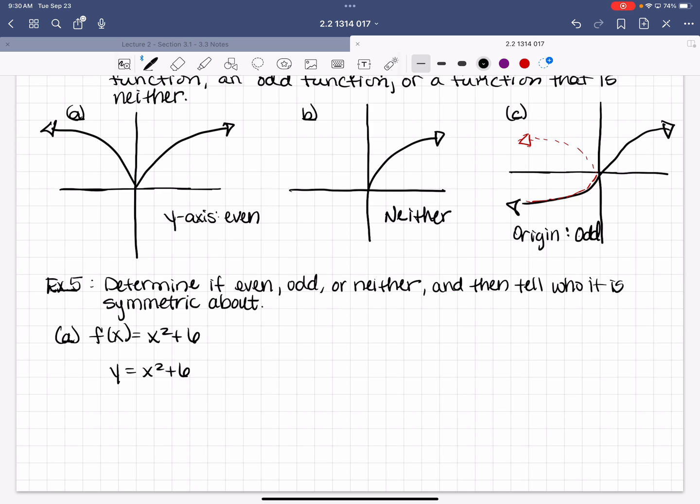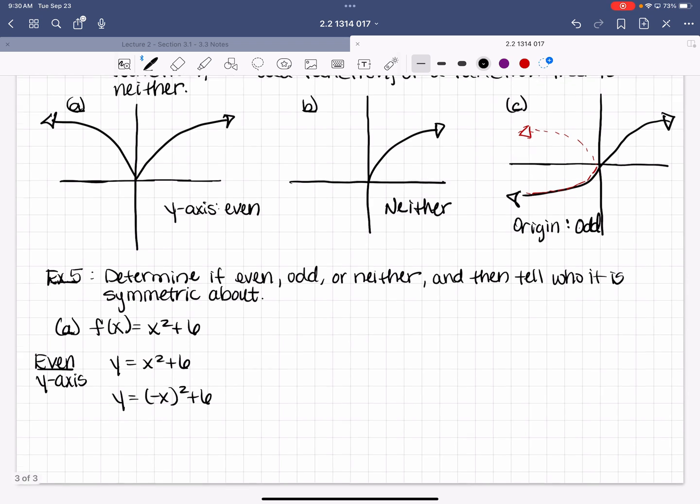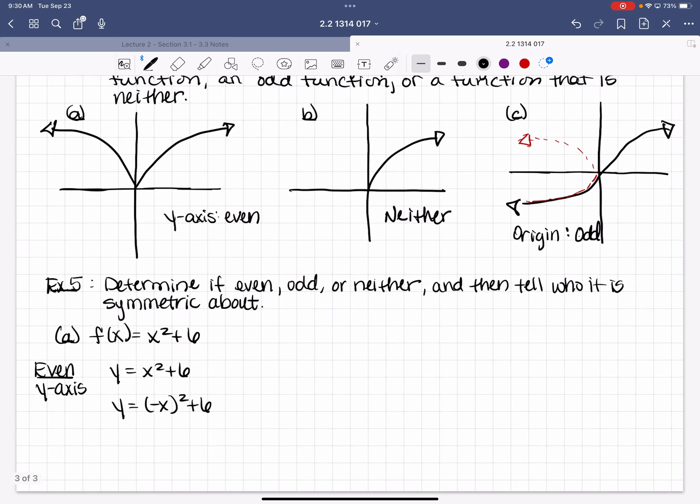No big deal. If I'm testing, let's start off with, we want to do even first. Even deals with the y-axis, correct? Okay, which means I need to change the sign of x. We good? So that means I've got y equals negative x squared plus 6. And those of you that noticed it was a parabola, you know it's going to be symmetric about the y-axis, which gives me y equals positive x squared plus 6.